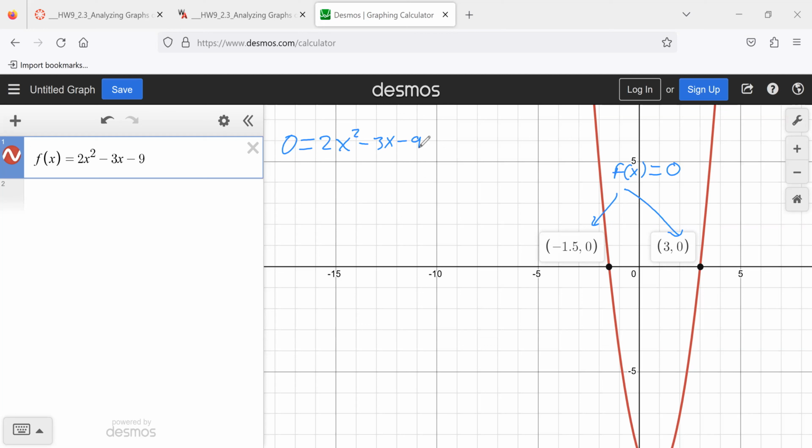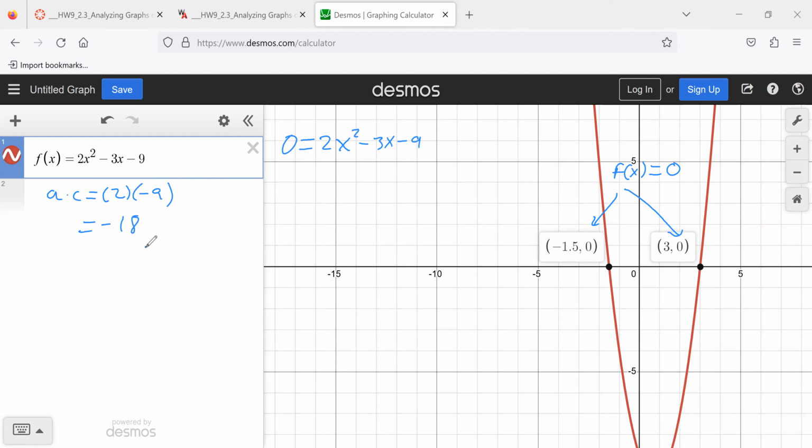And factor it. I think the AC method would be best. Let's do it over here. A times C would equal 2 times -9, which gives me -18.